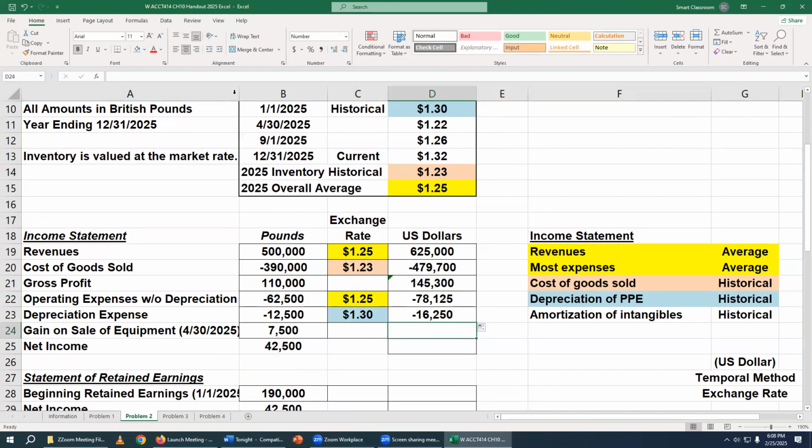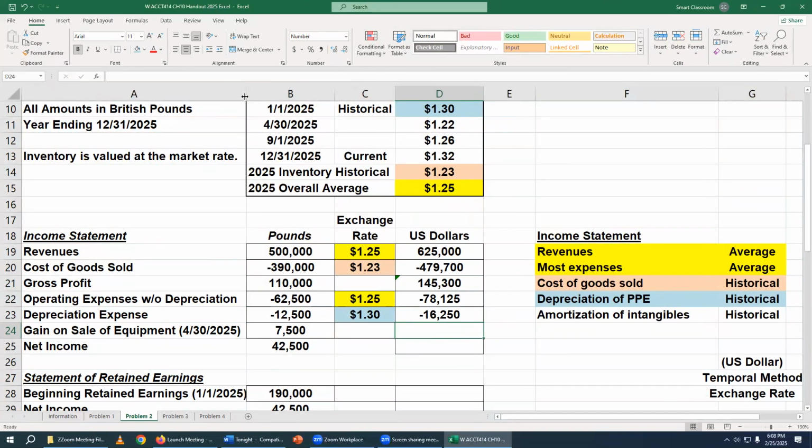Gain on sale of equipment. Oh, at 430. Okay, so this is a specific one. Purple.